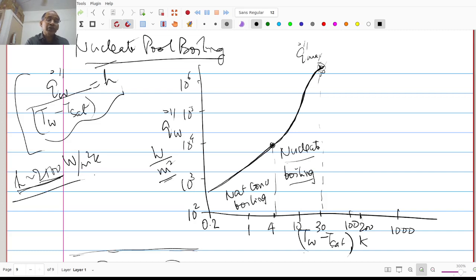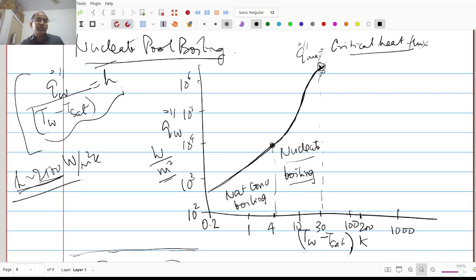Whereas if you look at the location I've marked as Q dot max, which is called the critical heat flux, which is the highest heat flux that you get in nucleate boiling, that is of the order of, let's say, 10 to the power of 6 or 2 into 10 to the power of 6 divided by 30.